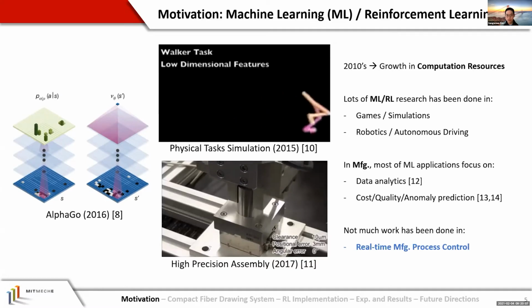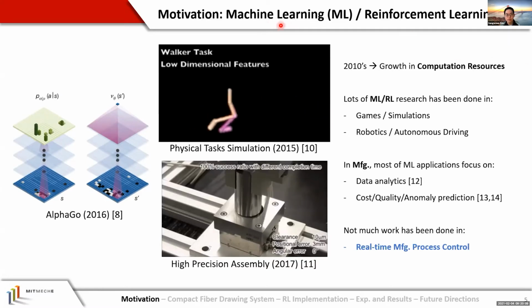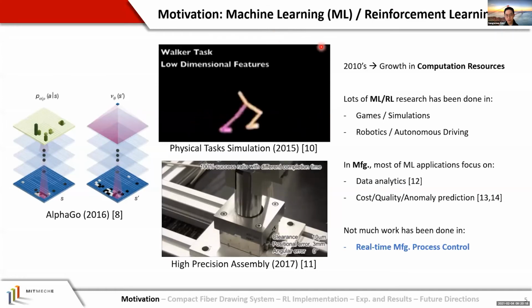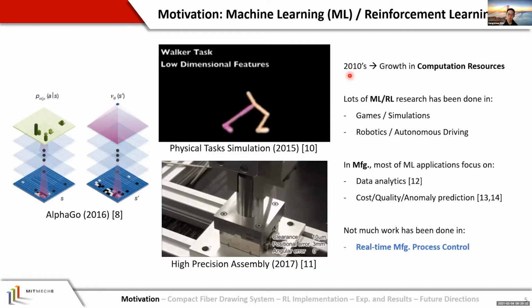Our proposed method is based on deep reinforcement learning, which is a subsection of machine learning. In recent years, we experienced exponential growth in computational resources. Following that, much research has been done using machine learning and reinforcement learning.